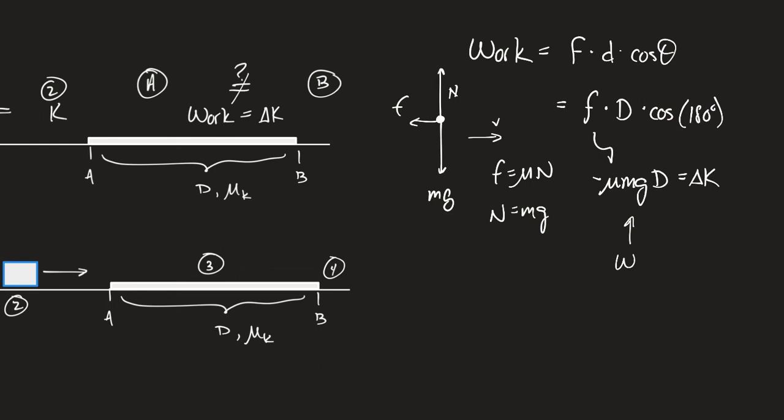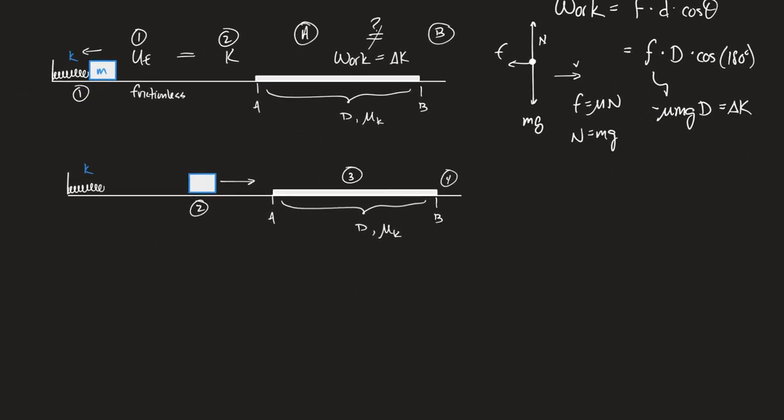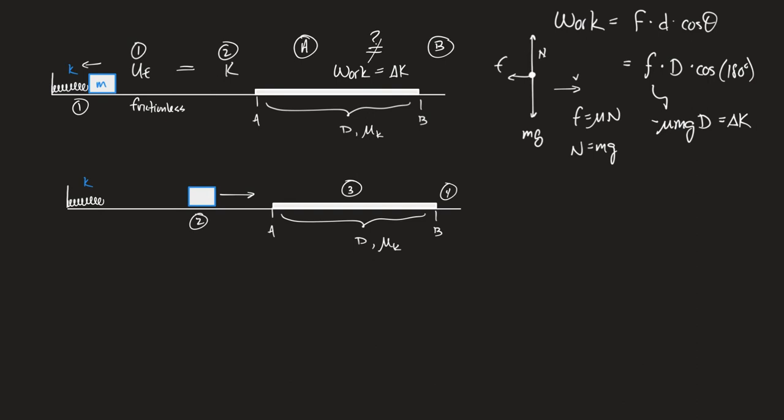Now, I'm bringing this up because, if we look at A and B, I don't know where I'm going to put this, so let me try this. If we look at A and B, there is kinetic energy at A. I'd call this the initial kinetic energy, or if you'd like, the kinetic energy at A. Because there's also going to be kinetic energy at B. And I don't think they're going to be the same, because at B, we know some of the energy was left on the table.